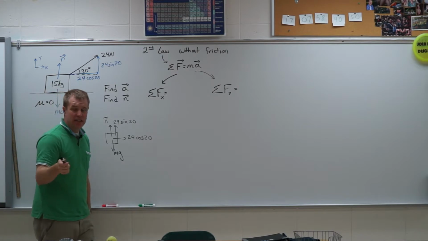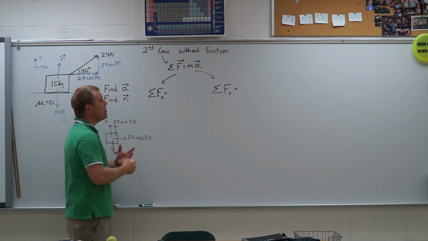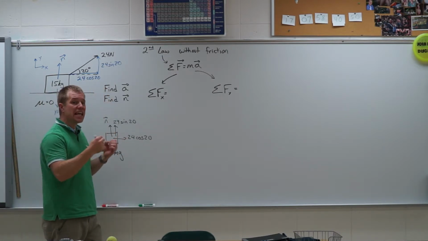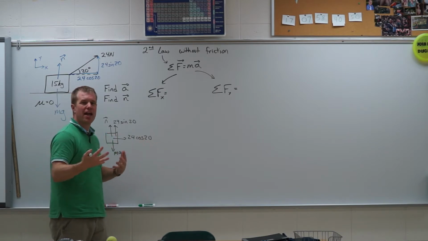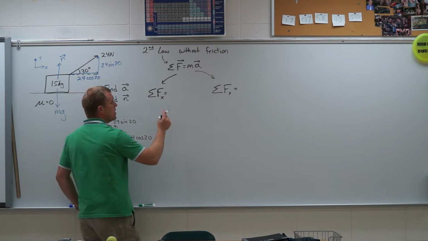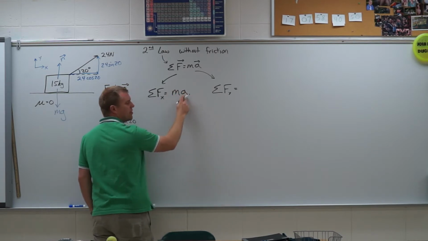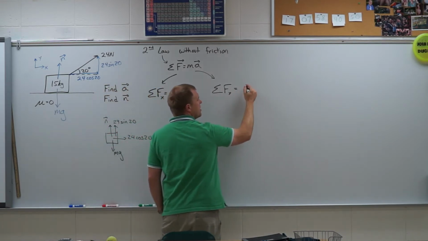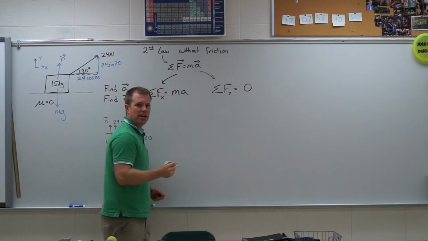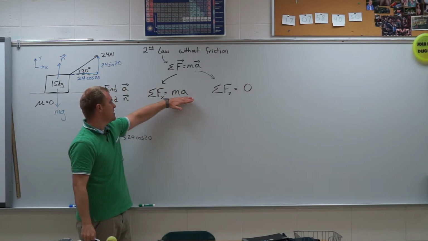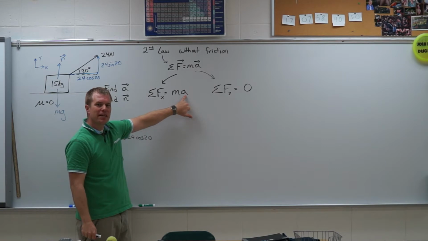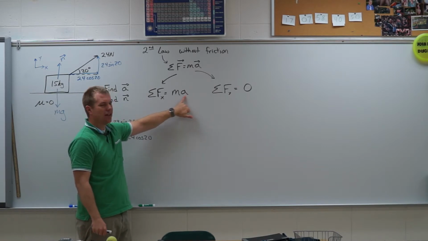Now ideally, and we're going to see this with inclined planes, we want to isolate the acceleration to either the x or the y. We don't want to have it have components if we can. So in the x direction it is accelerating, so all of the acceleration is in the x direction. In the y direction, it is not accelerating. And what this means for me is my x component of my acceleration is my total acceleration.